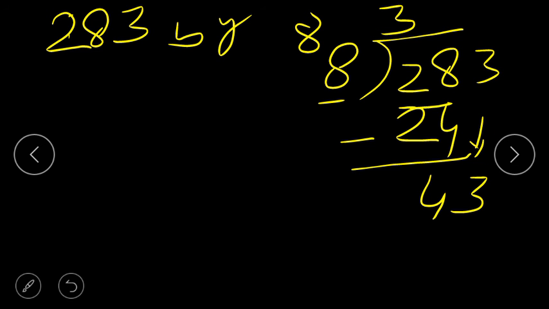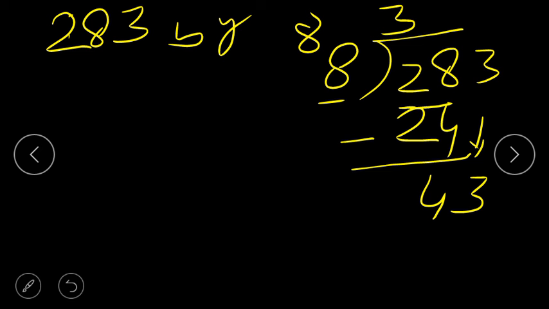Now again read the table of 8 and you have to reach near the number 43, which should be less than 43 or the number 43. Let's start the table. 8 ones are 8, 8 twos are 16, 8 threes are 24, 8 fours are 32, 8 fives are 40. 8 sixes are 48, which is more than 43.